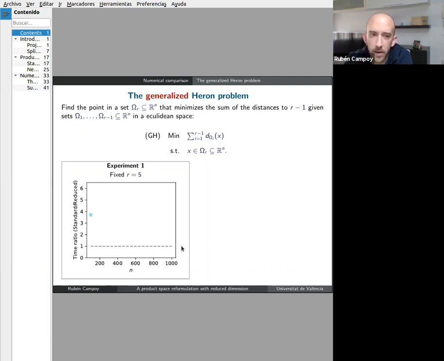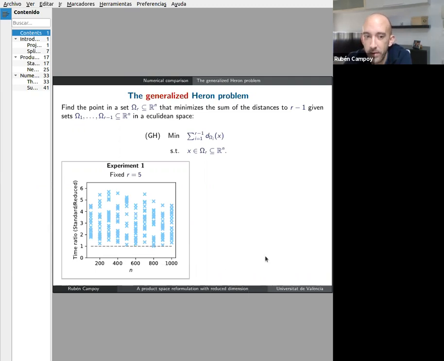So points above the line will be where reduced DR is faster. Points in here, standard DR is faster. So this is for N equals 100. I repeat for the same size, I repeat for several generated problems and several initializations. And then I repeat by moving the size, the dimension. So the first thing that I note is that all the instances are actually above the line.